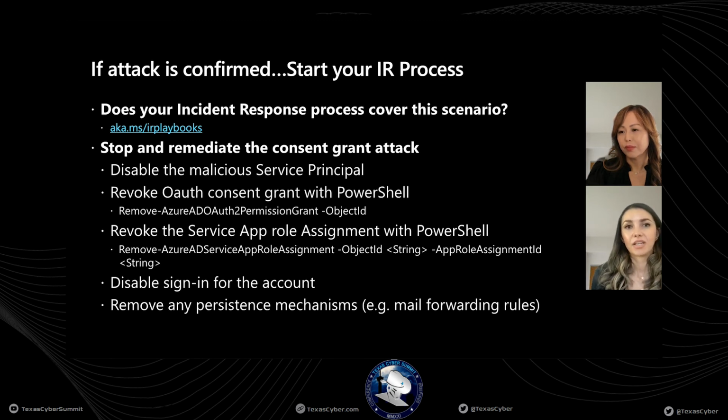And depending on maybe what permissions that application had, we can start looking into other different areas, such as mail forwarding rules. Okay, so I hope I didn't scare you all too much, because we do have some best practices coming up next that can help you protect yourself from this type of attack.